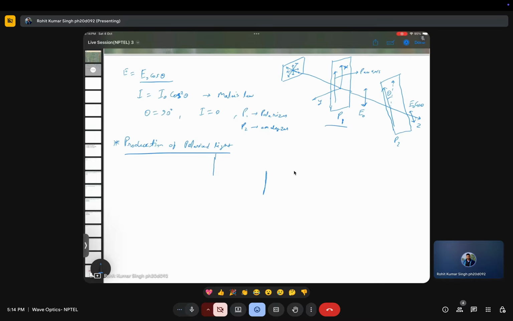You make grids of wires, so you arrange copper wire parallelly between two poles. This is a wire grid, and then you have your unpolarized light.